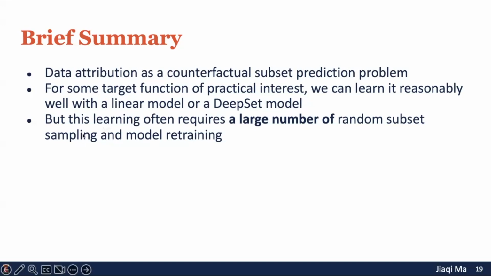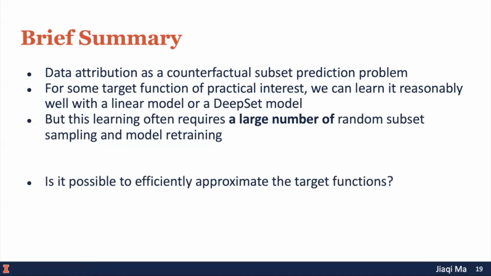But one caveat is that this learning often requires a large number of random subset samplings and also model retrainings on these subsets, which is computationally expensive and not scalable for large applications and models. So our next question is: is it possible to efficiently approximate the target functions without the tens of thousands of subset samplings and model retrainings?